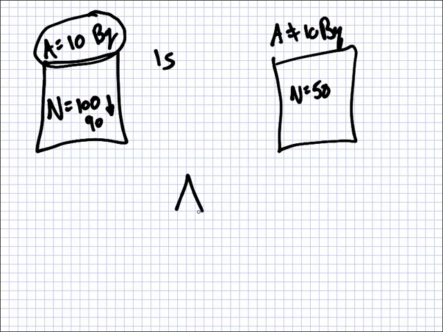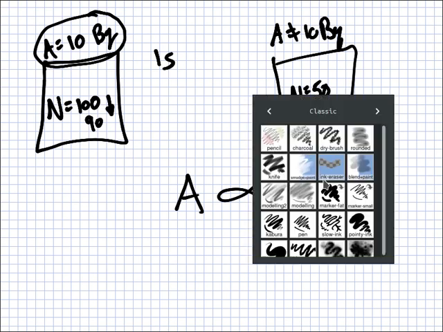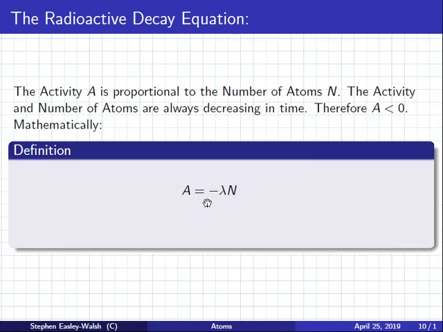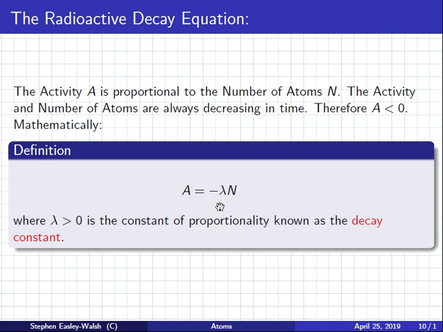So in other words, you can say A is proportional to N. So as a formula, you can write A equals minus lambda N. Because remember, we said A is negative, usually. And the lambda is called the decay constant.